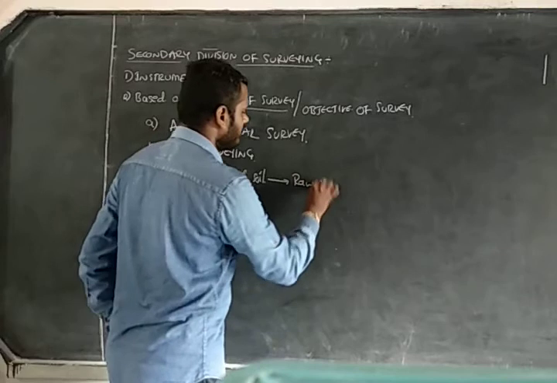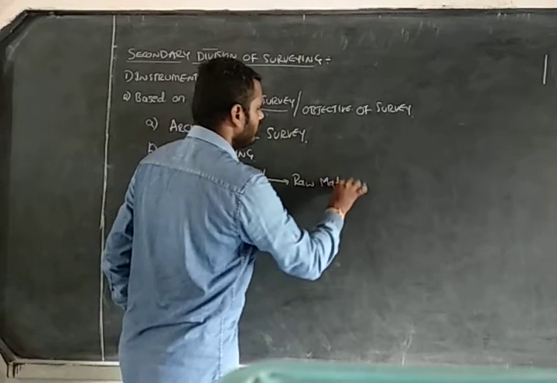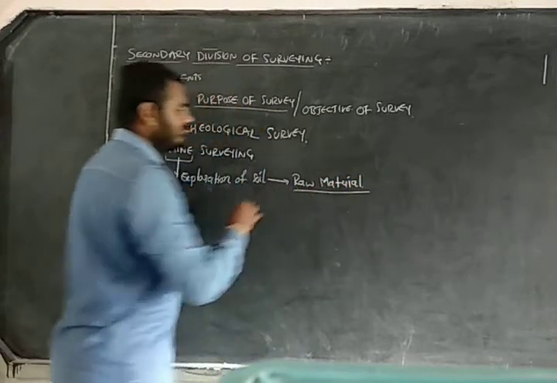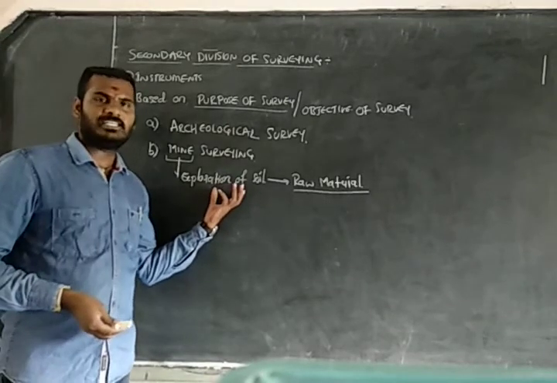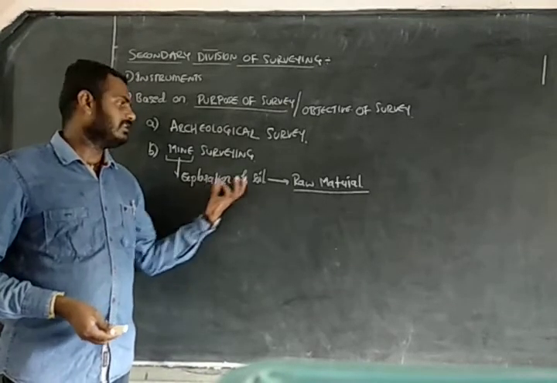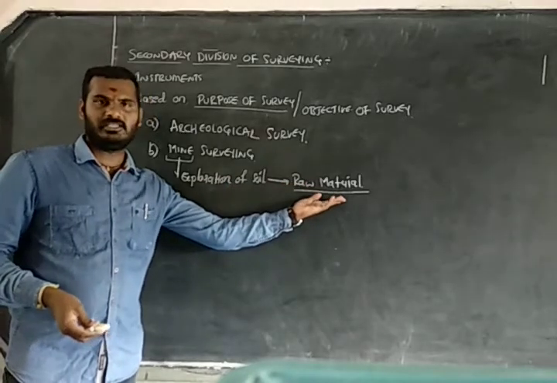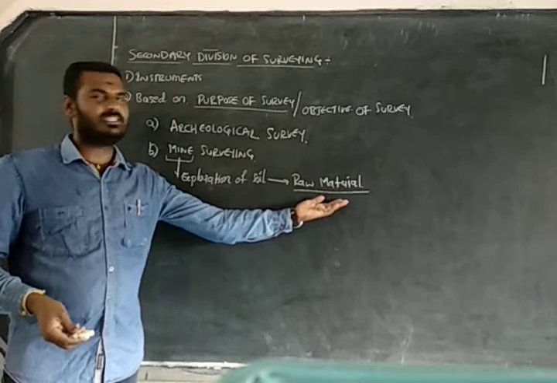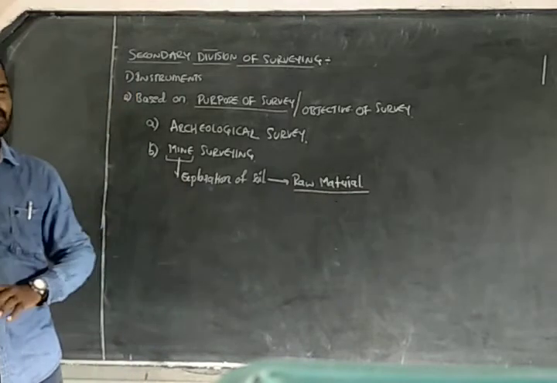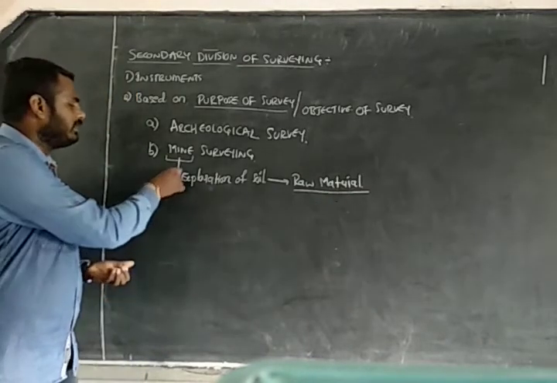Generally no mineral is directly available at ground level. It is available in the form of raw material, and we have to do some processing to change this raw material into a particular mineral. So here mine surveying is very important.